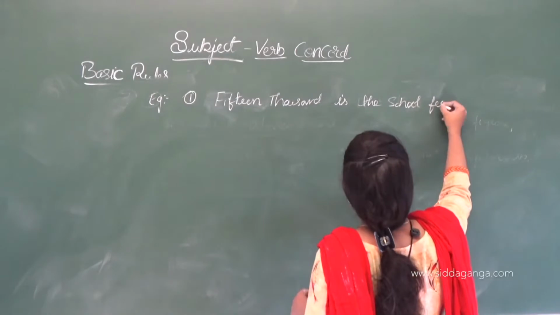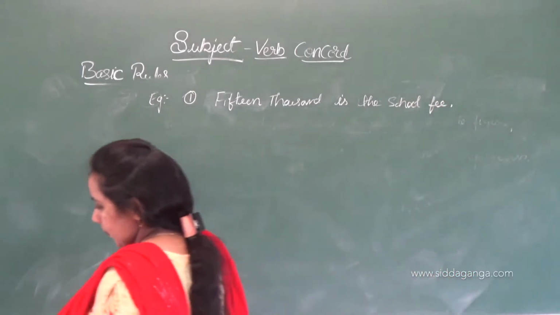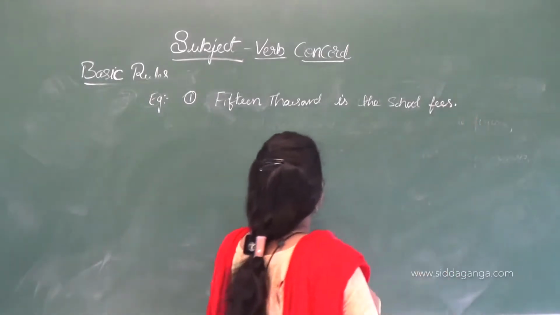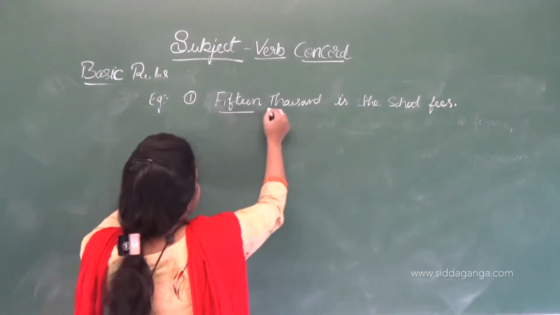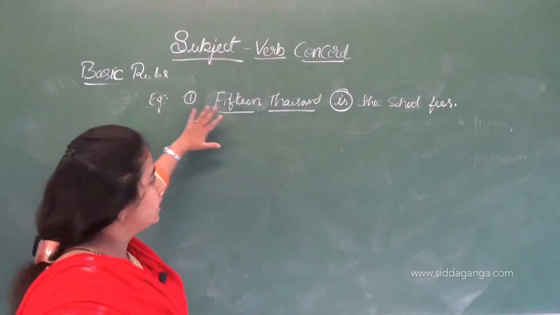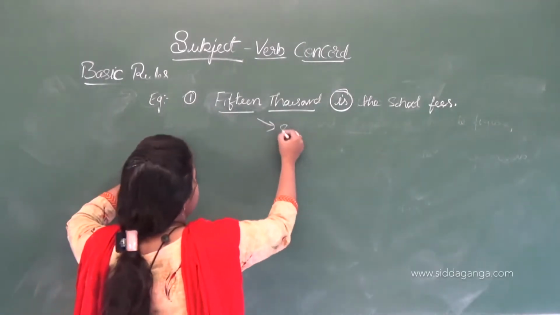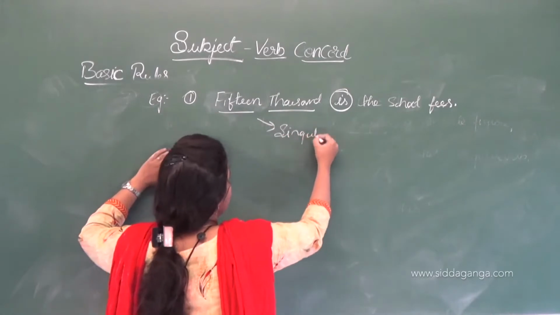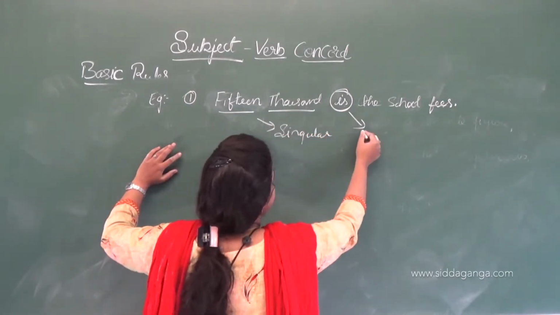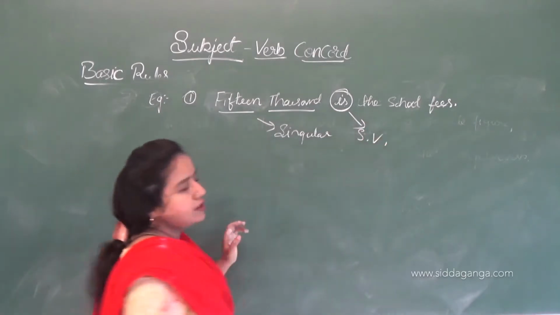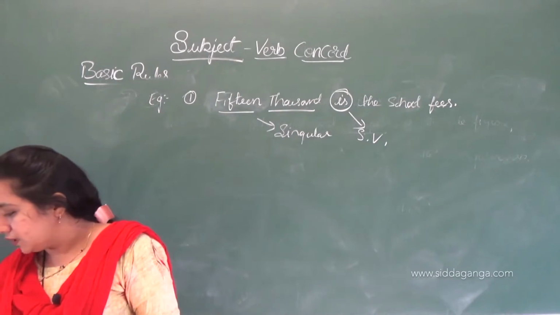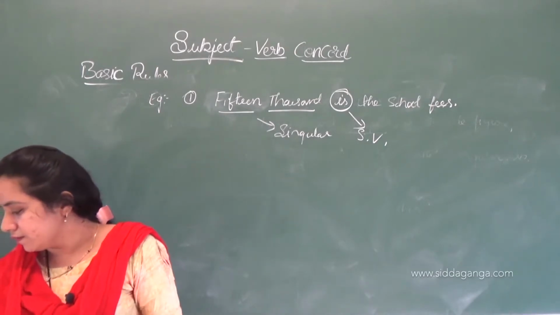Although 15,000 is a number, which is plural, it refers only to a single figure. So what we have to use here is the helping verb, that is, the singular verb. I hope all of you understood this.